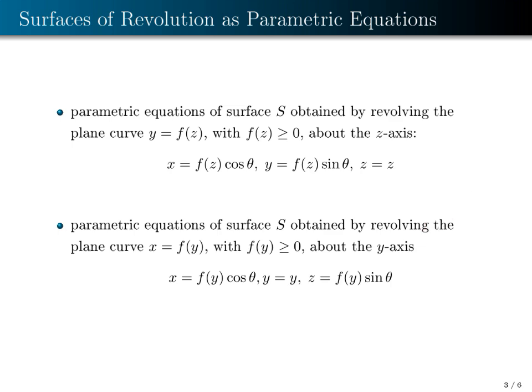Such an SOR has parametric equations x equals f of y cosine of theta, y equals y, and z equals f of y sine of theta. Observe that in all parametrizations, the parameters are theta and the variable corresponding to the axis about which the SOR was revolved.